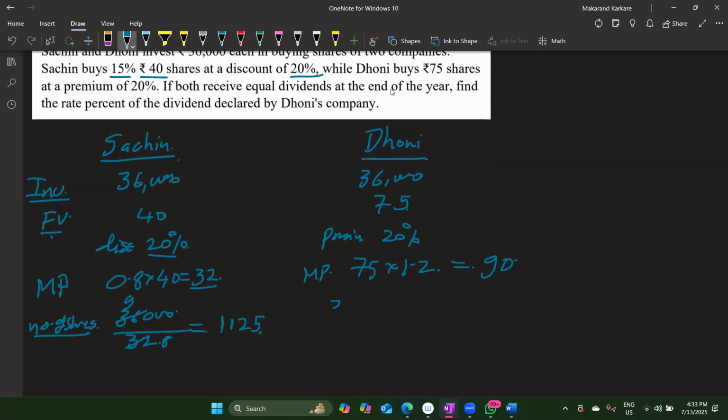Here, how many shares has it got? 36,000 divided by 90 is equal to 400.